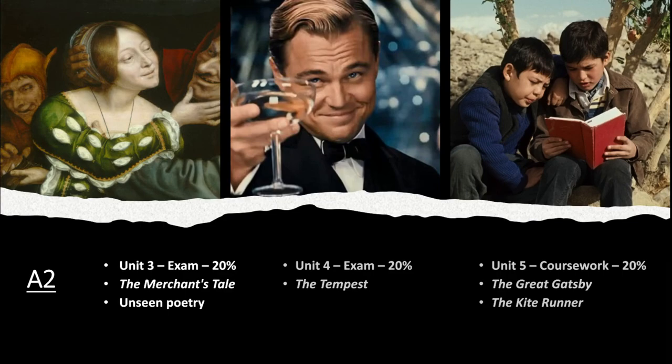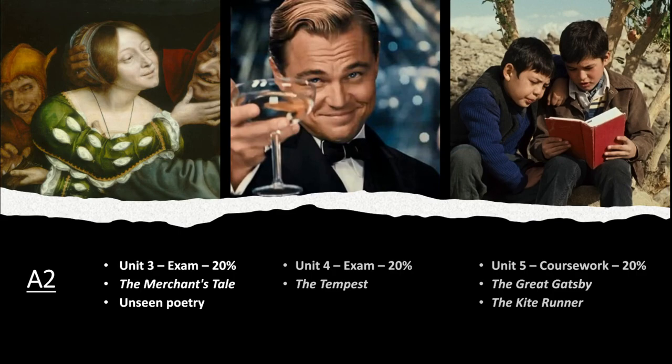In year 13, we have 2 more exams, each worth 20%. One of those is on The Merchant's Tale, a piece of medieval literature. It's boisterous, it's rude, and it's pretty funny. Unseen poetry does make an appearance, but don't worry, you'll be experts in unseen poetry by the time you get to year 13. Unit 4 is an exam on a Shakespeare play. It's The Tempest.